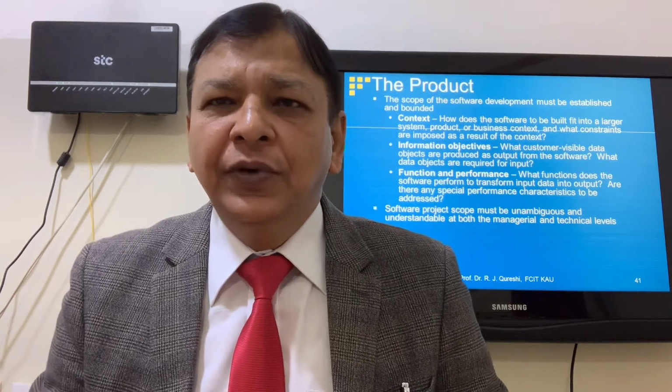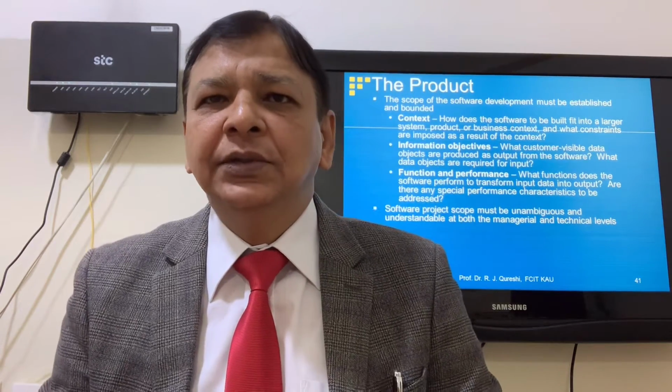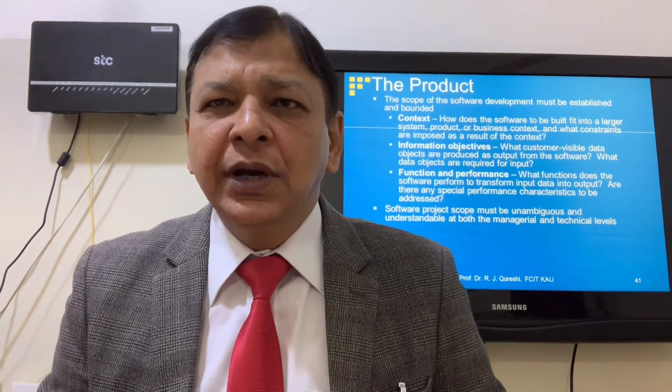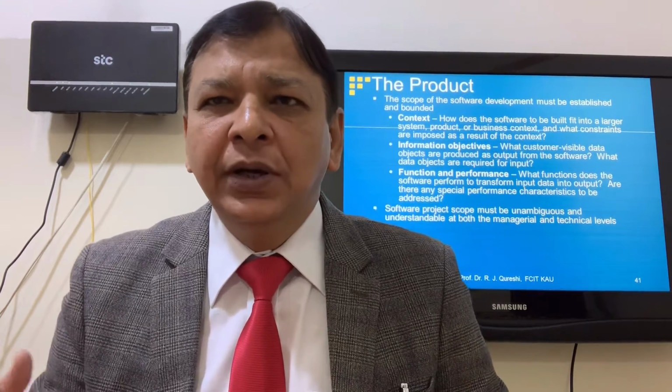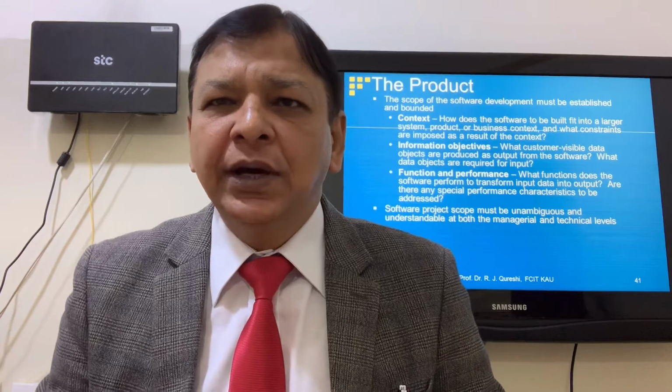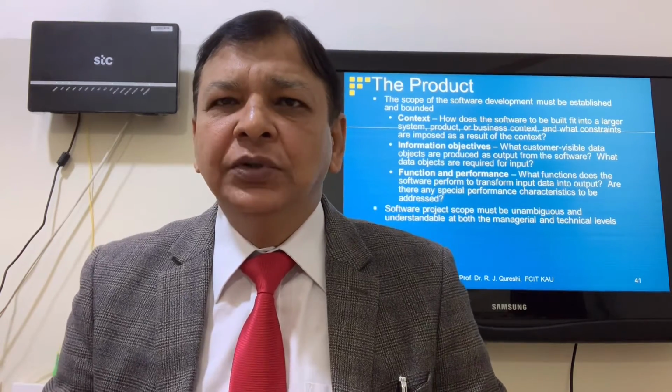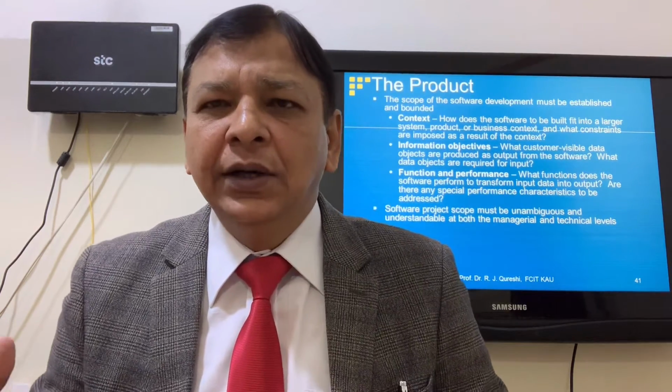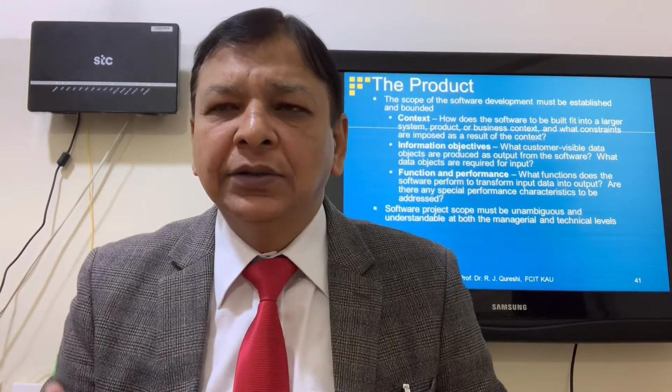Then what are the main functions, main modules of the system? The scope must not be ambiguous, it should be clear, it should be understandable, it should not be confusing, it should not be changing at the customer side and at the software company side.